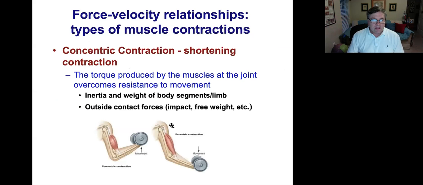So we can have concentric contractions, which are shortening contractions. Kind of sounds like jumbo shrimp to me. That simply means that the muscle is being activated, but it's shortening. And then eccentric or lengthening contractions. So the concentric contraction, it simply means that the agonist muscles have produced enough torque to overcome all of the resistances.